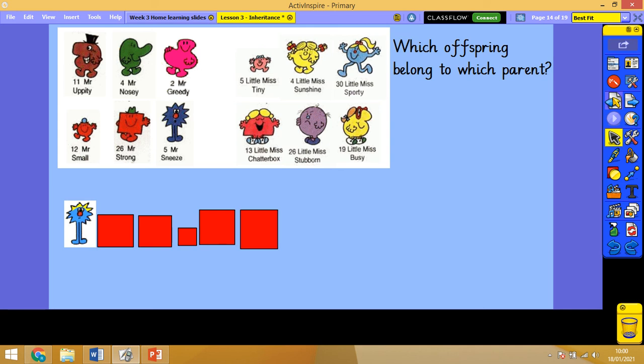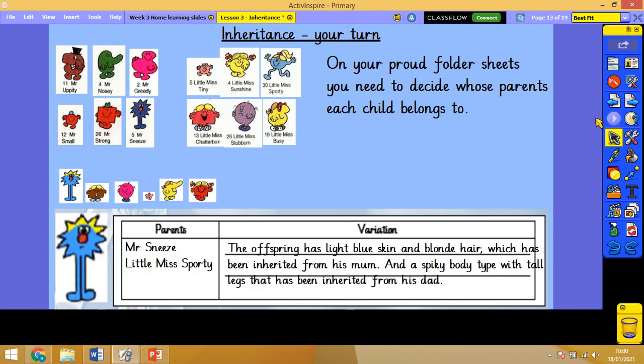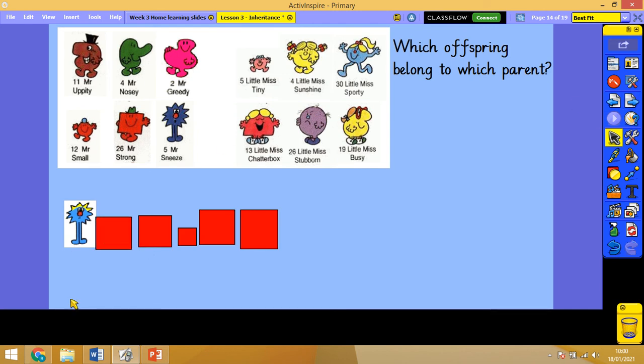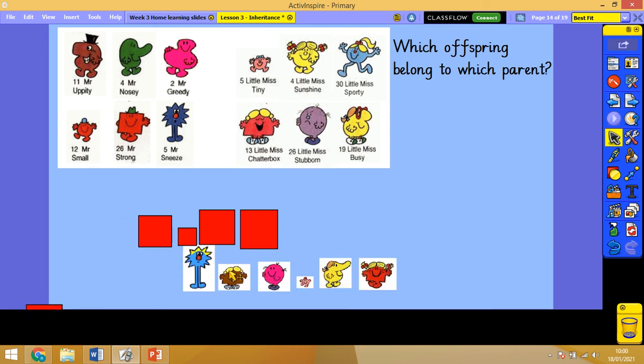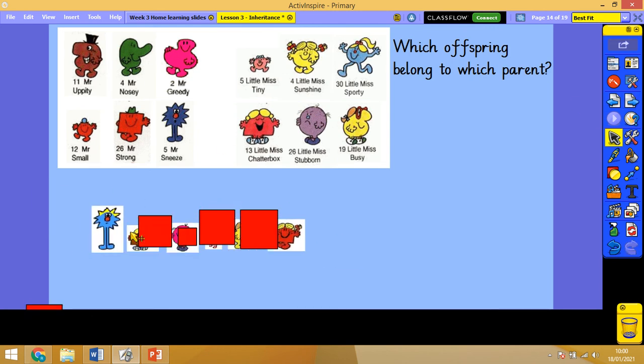Okay, so you should have now finished the rest of those on your sheet. We've done the first one, so having a look at the next one, oh gosh, I made a right mess of that, haven't I? I think this particular offspring here is Little Miss Chatterbox, because she's got the same body type and the same blonde hair.